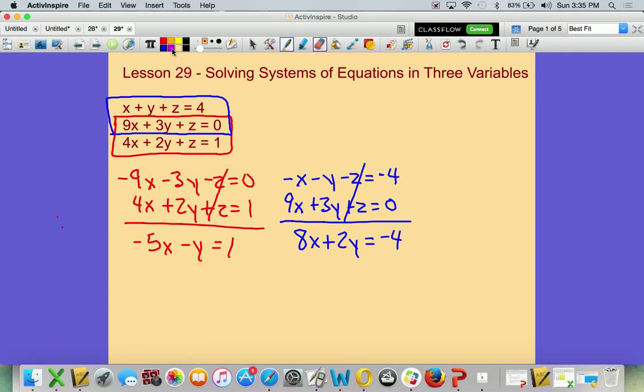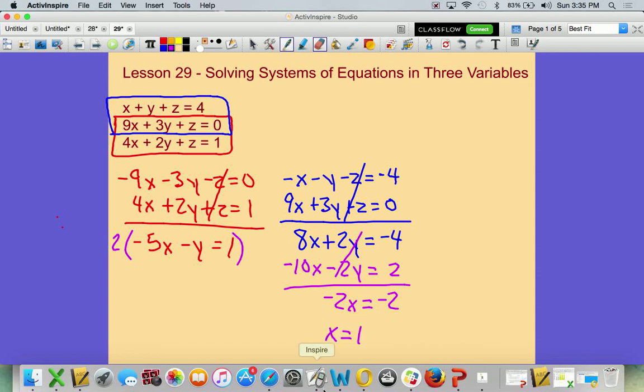This time, I'm going to multiply this one here by 2. When I do that, you'll be able to see that my y's cancel out here. Those go away. We've got negative 2x equals negative 2, so x equals 1. Now from there, the easiest thing would be to do substitution. So I'm going to plug this 1 back into this equation here.